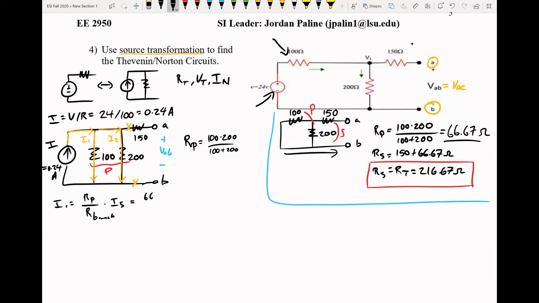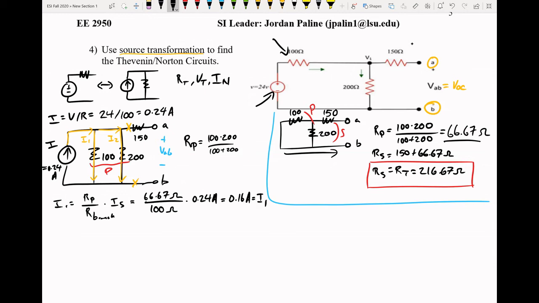So this would be 66.67 ohms over our branch, which is 100 ohms. And then our current source, we said, was 0.24 amps. So therefore, it's 0.24 times 66.67 over 100. That will give us 0.16 amps for I1.